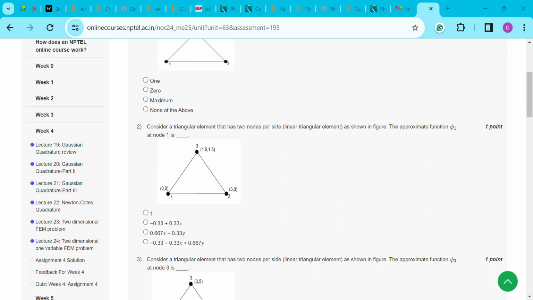Right now we have some error function and some weight function. Let's say if w is equal to 1, you'll get some solution, but the error won't be zero everywhere, though it is one of the methods.